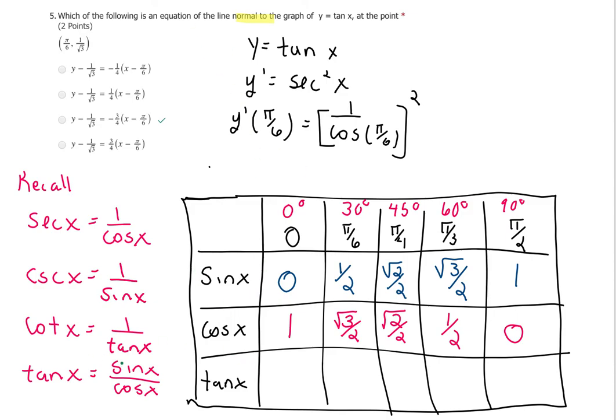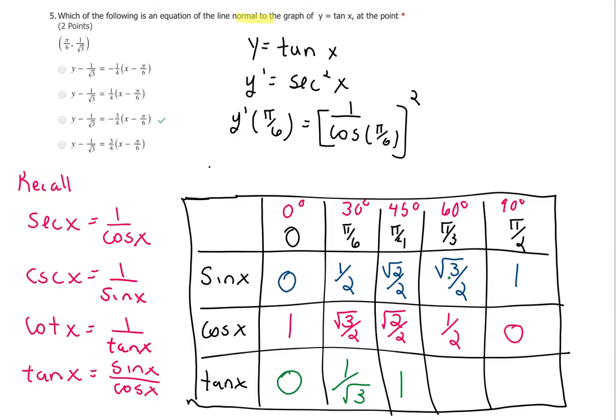Now to find tangent, I'm going to use this rule. Sine divided by cosine. So I take 0 divided by 1. That's 0. 1/2 divided by square root of 3 over 2. That means I want to flip this bottom and multiply. So I got 1/2 times 2 over square root of 3. So the 2's cancel out. And that's 1 divided by square root of 3. Anything divided by itself is 1.